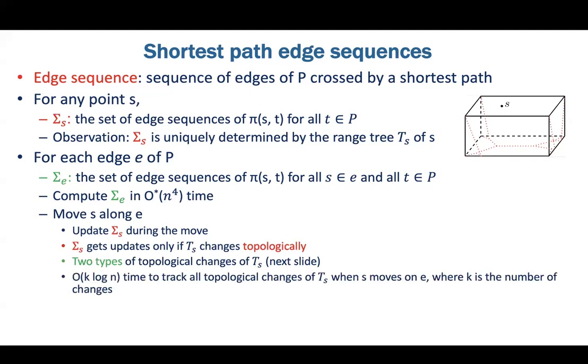Then we design an algorithm to keep track of all topological changes. So the total time is k log n, where k is the number of changes. We prove that k is at most O star n to the fourth. This is probably the most challenging part of the paper to prove, this upper bound. With this upper bound, we get this time.